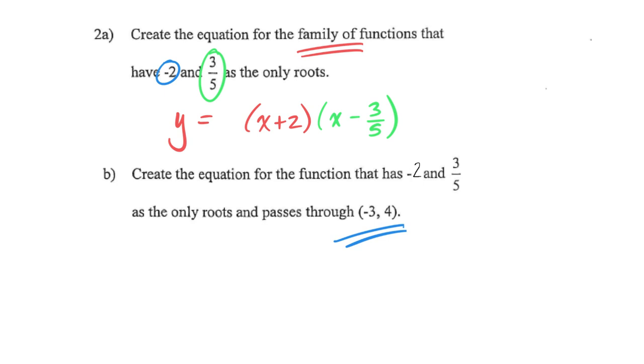So rather than writing down the green, I'm going to simplify and write everything with integral coefficients. What that just means is I'm not going to write in fractions. I'm just going to use integers. So rather than have x minus 3/5, I'm going to have 5x minus 3.